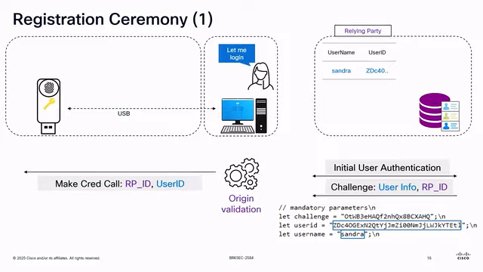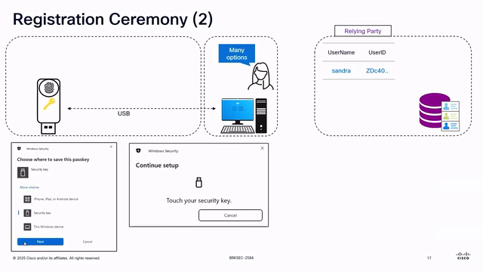Right after that, the client-to-authenticator protocol is used to actually create a passkey for this user on this relying party ID. Sandra must first decide where to store the passkey, in our case on the security token, and she must interact with the security token.